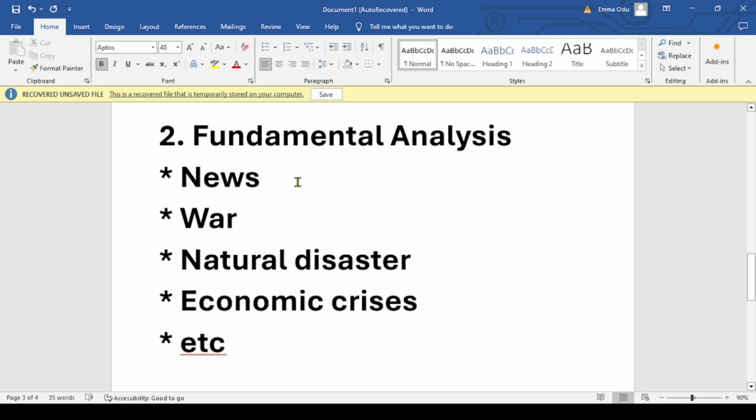Also we have all these wars here and there. For example, the Ukraine and Russia war is also affecting the market. It's also what is making gold sell speedily in the market. All these things also affect currency, the movement of currency, the flow of currency.